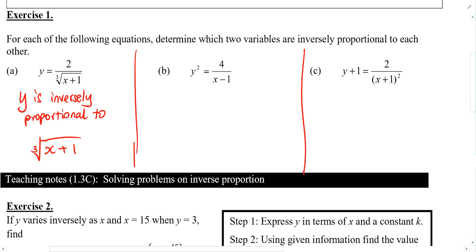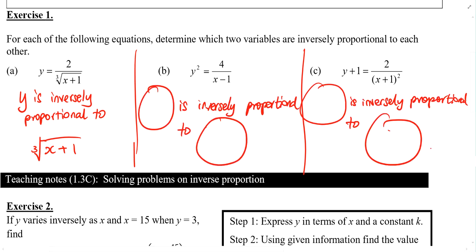Please try yourself for part B and part C. Y is inversely proportional to x minus 1.